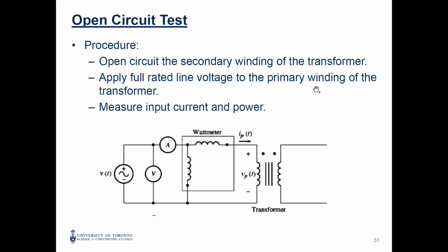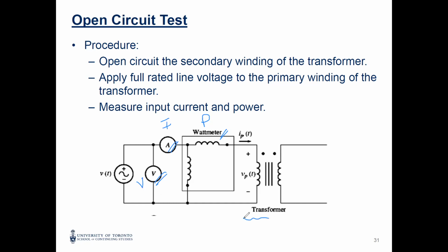Let's start the open circuit test. For the open circuit test and short circuit test, actually, we will have 3 meters: voltmeter, ammeter, and wattmeter. Wattmeter to measure the power, ammeter to measure the current, voltmeter to measure the voltage.